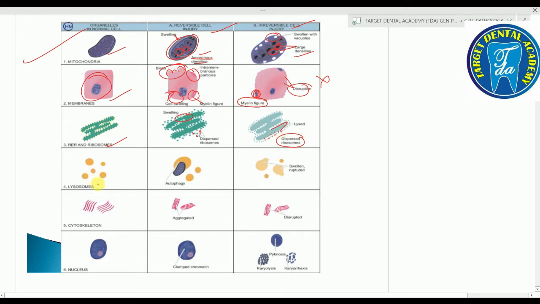As for lysosomes, in the reversible cell injury there is autophagy, while in the irreversible they are swollen and fractured.